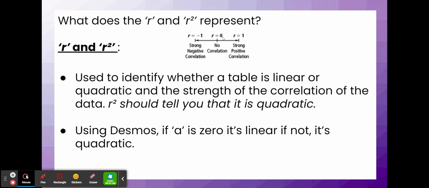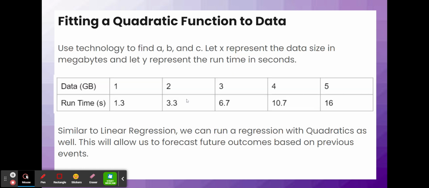And then anything in between goes from weak, which is close to 0 or less than 50%, to strong. So we're going to use that to see how strong our data is.